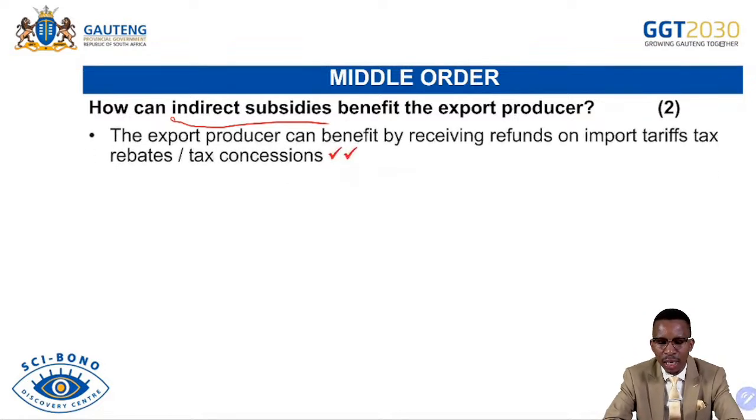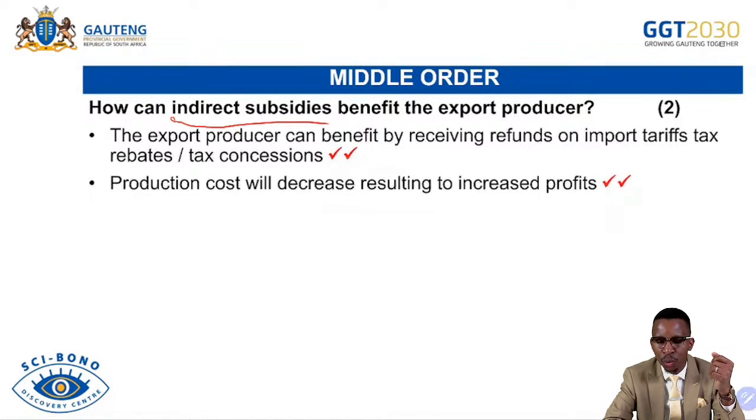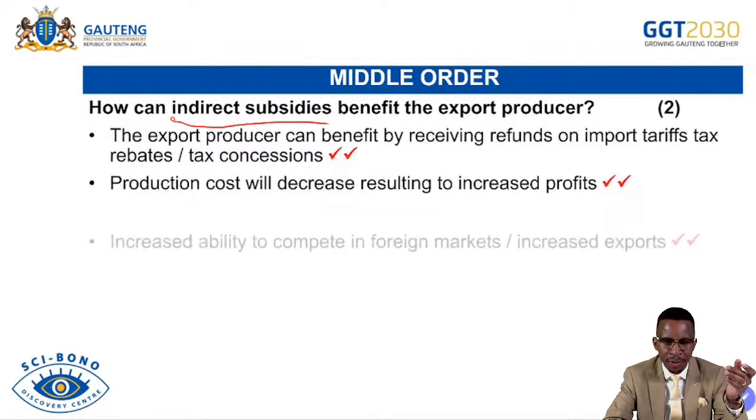The export producer can benefit by receiving refunds on import tariff tax or tax rebates and tax concessions. So the government can intervene by refunding them or giving them some exemptions on taxes. Then production costs will decrease, resulting in increased profit. So the cost of production by our exporters will be lowered, resulting in high profits being earned by these businesses.